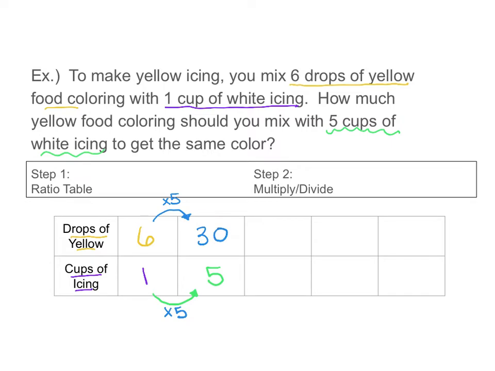So the question is, how much food coloring should you mix with 5 cups of white icing to get the same color?